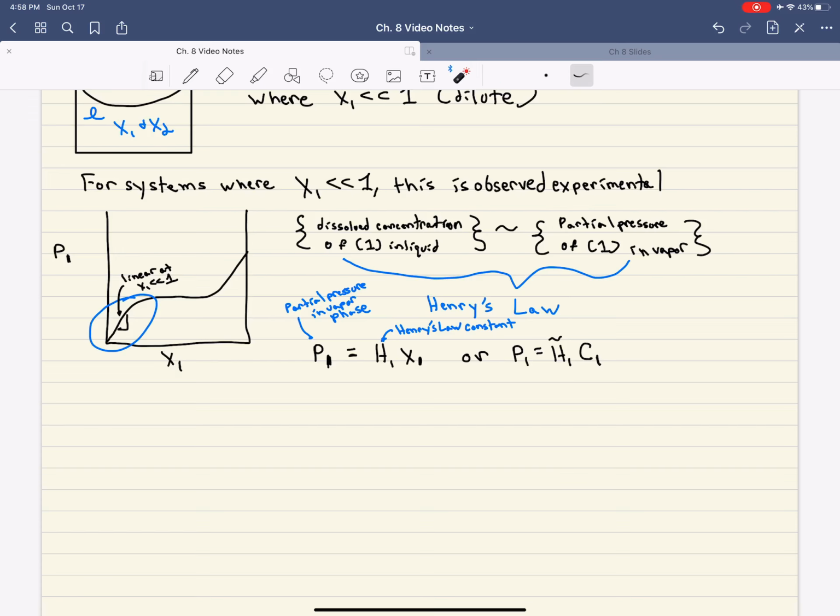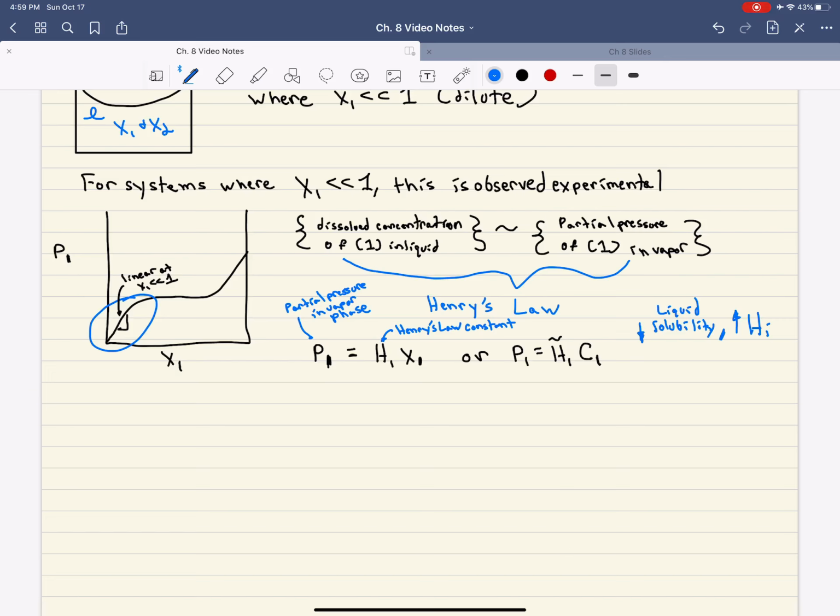The only thing that would change is the units of your Henry's law constant. And in general, as the solubility of component 1 in the liquid goes down, you would see an increase in your Henry's law constant. That's the general relationship you would see.